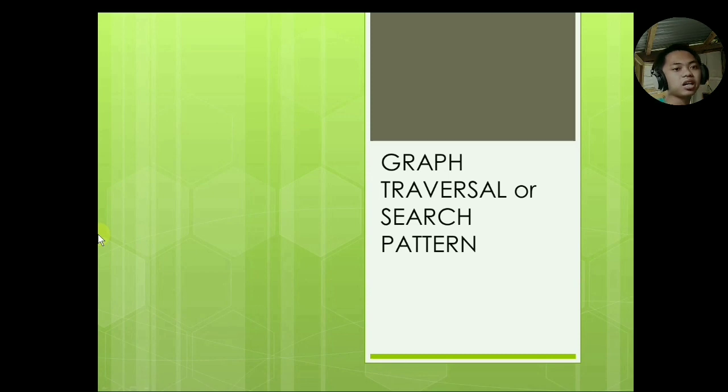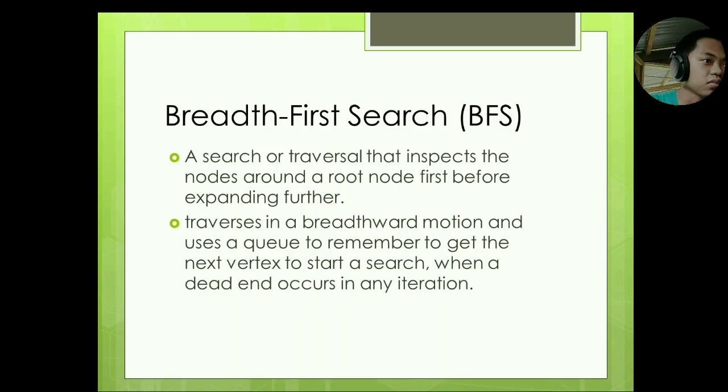Now we will discuss graph traversal or search patterns. The first kind is breadth first search, or let's say BFS. A search or traversal that inspects the nodes around a root node first before expanding further.